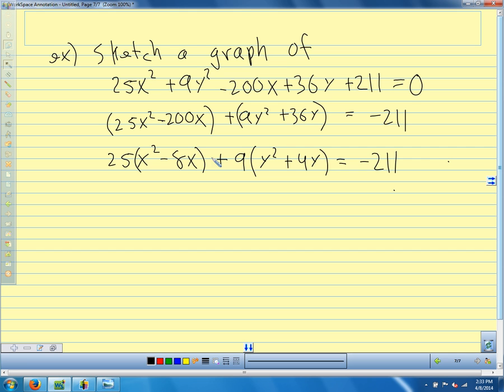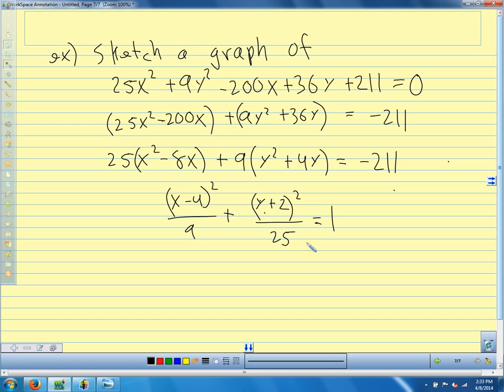And when we complete the square, it turns out that this turns into x minus 4 squared over 9 plus, and just like Daisy said, we end up with a vertical major axis. y plus 2 squared over 25 equals 1.